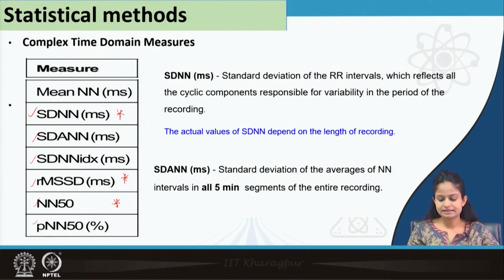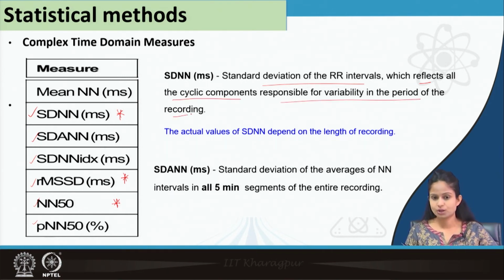SDNN, the standard deviation of the RR intervals, generally reflects the overall autonomic nervous system activity. That means it includes both the sympathetic and parasympathetic domains, the cyclical variations and the hormonal variations. So it reflects all the cyclic components responsible for the variability in the period of recording.